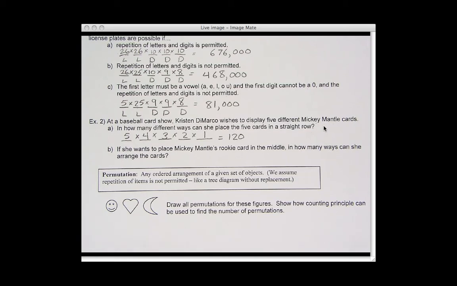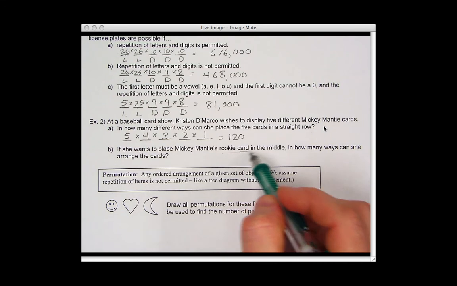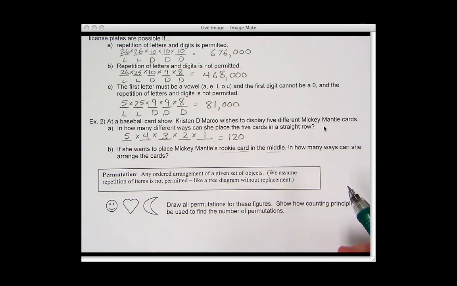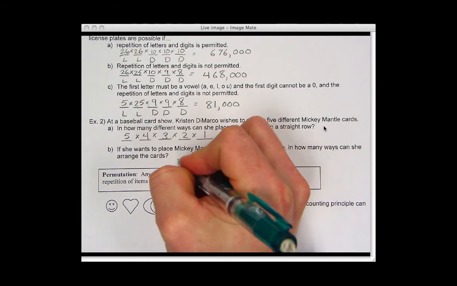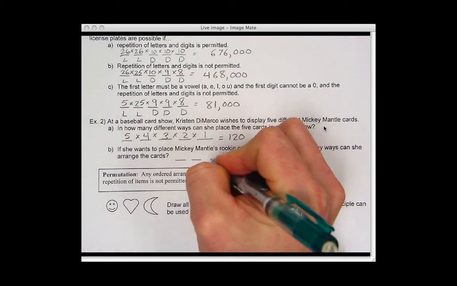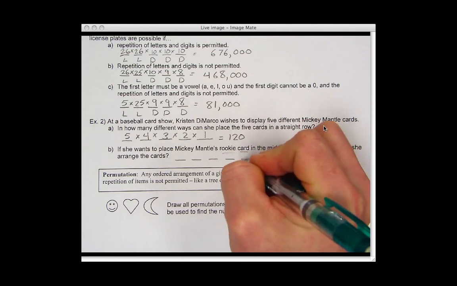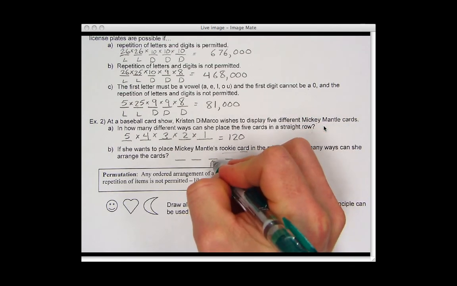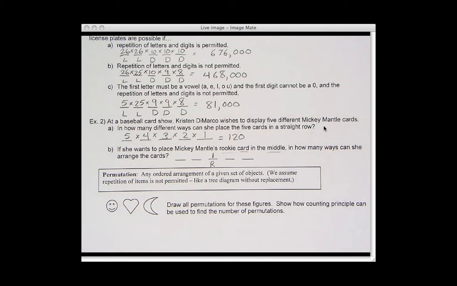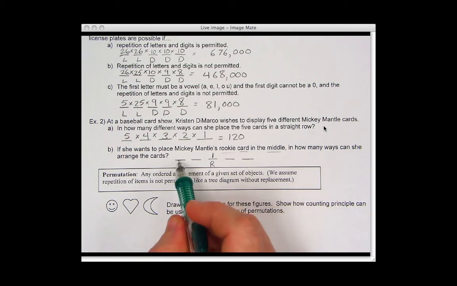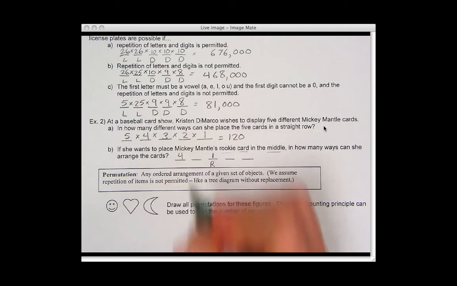Now, if we want to put the rookie card in the middle, okay, adds a stipulation, how many arrangements can we do? So we still have 5 cards, but notice a specific card, the rookie card, must go in the middle. So there's the one rookie card that has to go there. And so you start off with that stipulation. Now you come back over, it doesn't matter the order of the rest of the cards. So since we used one of the cards, there are 4 cards left to occupy the first position.